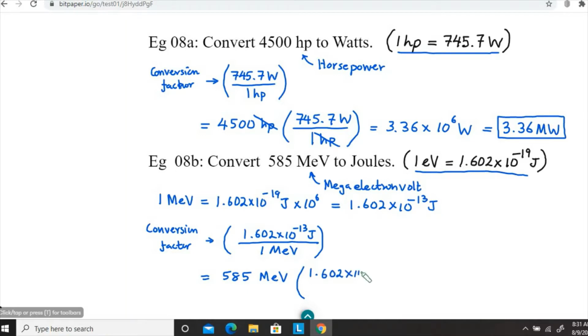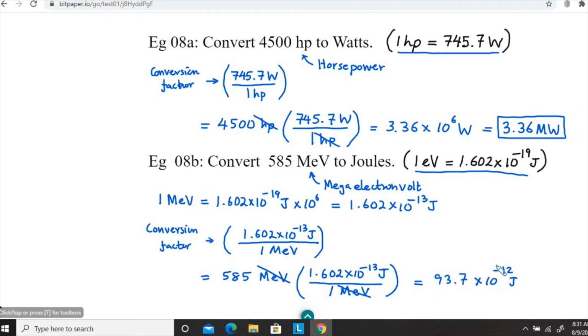1.602 times 10 to the power minus 13 joules over 1 mega electron volt. And again, the mega electron volt in the numerator and the mega electron volt in the denominator will cancel out, and you are going to get your answer as 93.7 times 10 to the power minus 12 joules.